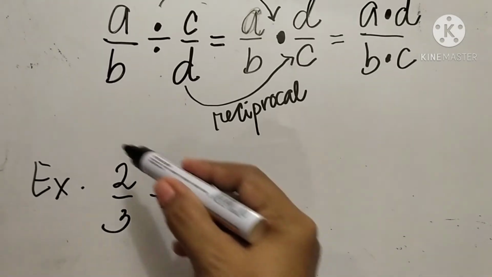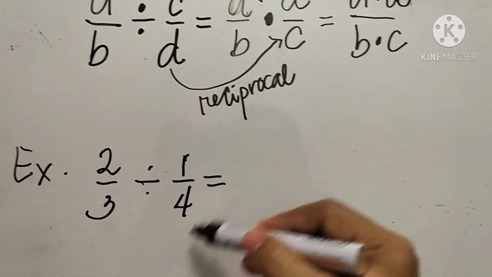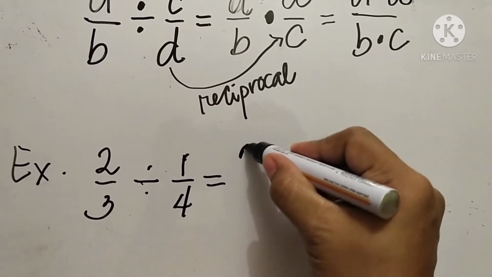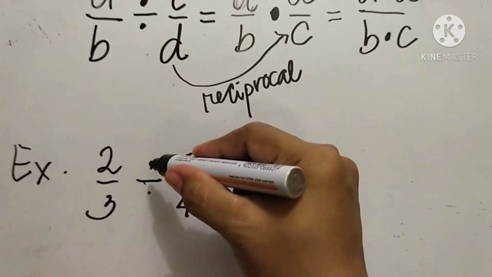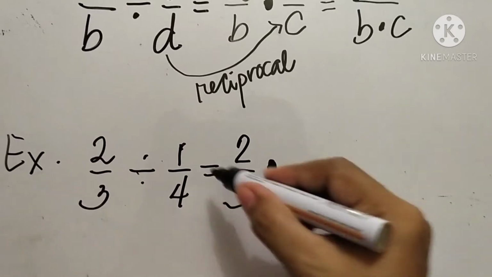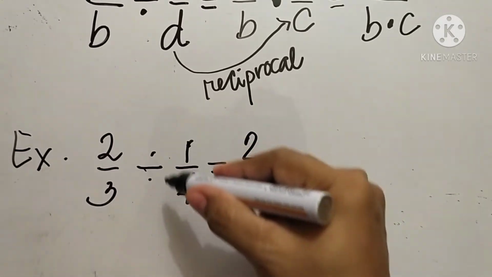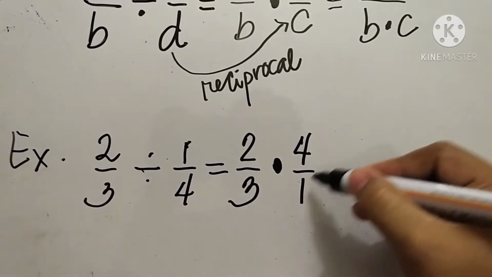Our numerator is 2/3. Our denominator is 1/4. So we will rewrite first the numerator. That division becomes multiplication. Get the reciprocal of 1/4, that is 4 over 1.